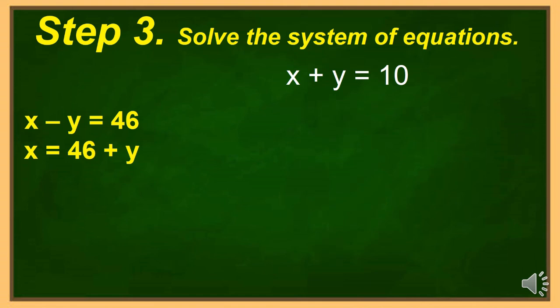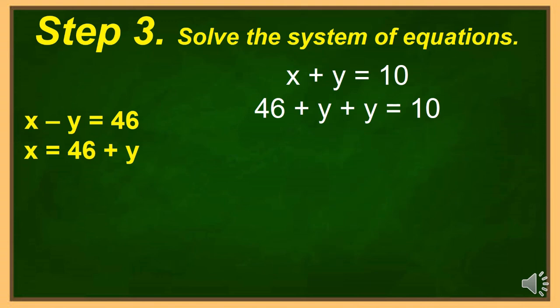Again, the value of x, which is 46 plus y, will be replaced into our first equation, x plus y equals 10. We now have 46 plus y in our equation because it replaced our variable x. Then copy plus y equals 10.